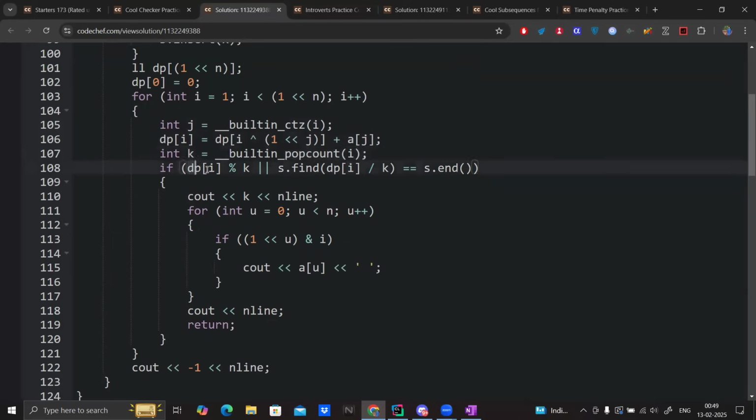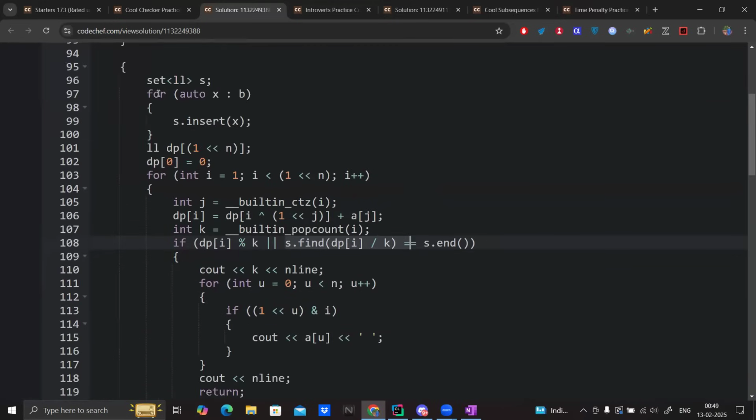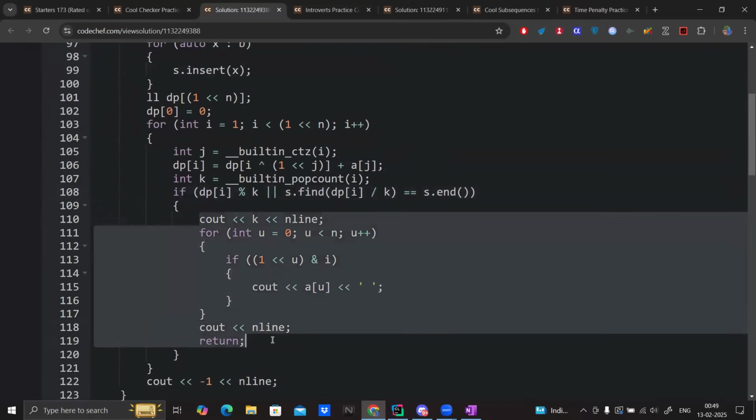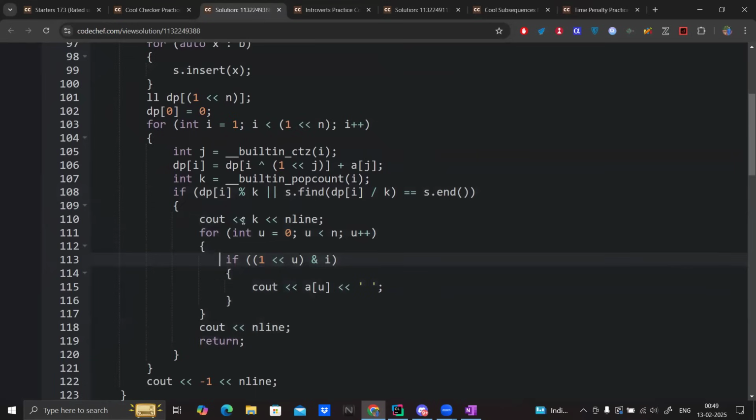So if dp[i], that is the sum, mod k is not equal to 0, or s.find(sum divided by k), that is the average, is equal to s.end, where s actually stores the elements in B. So if the average is not there in B, or the average is not integral, then we can just print that entire subsequence. So I'll print k, and I'll print all of the elements that are in this subsequence.